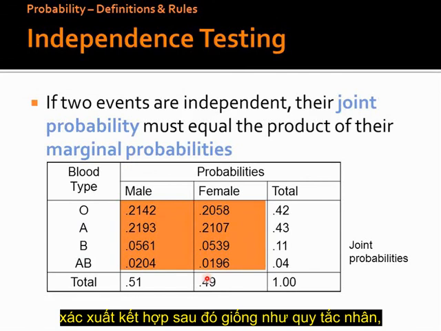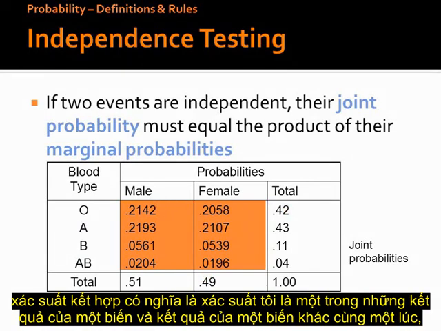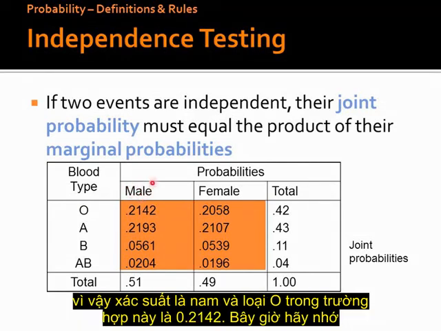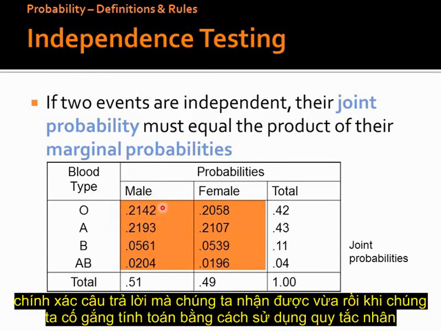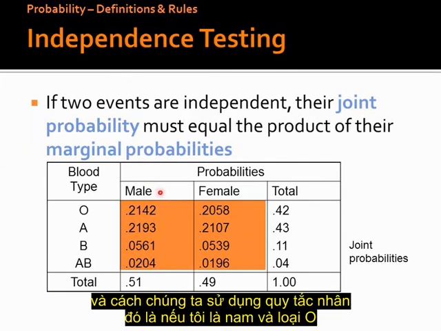Joint probability is kind of like the multiplication rule. The joint probability means the probability of me being the outcome of one variable and the outcome of another variable at the same time. So the probability of being male and type O, in this case, is 0.2142. If you remember, that's exactly the same answer we got just now using the multiplication rule. How did we use the multiplication rule?